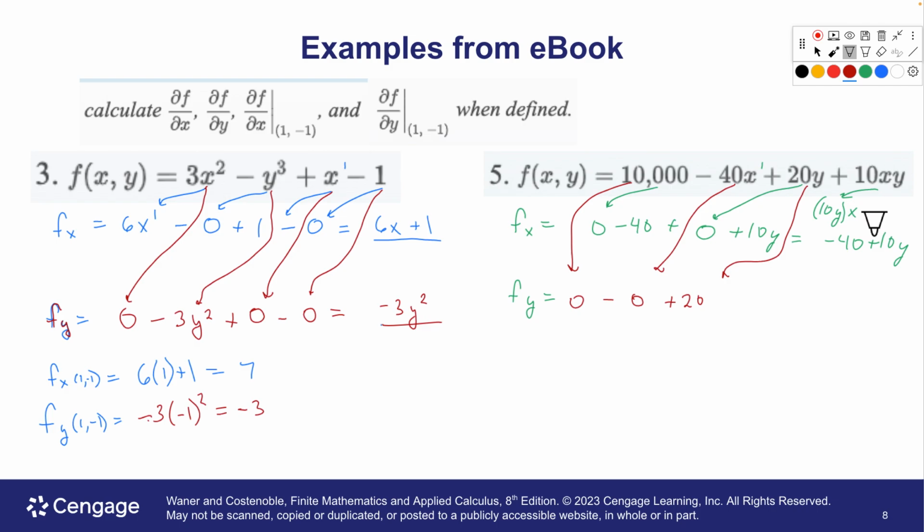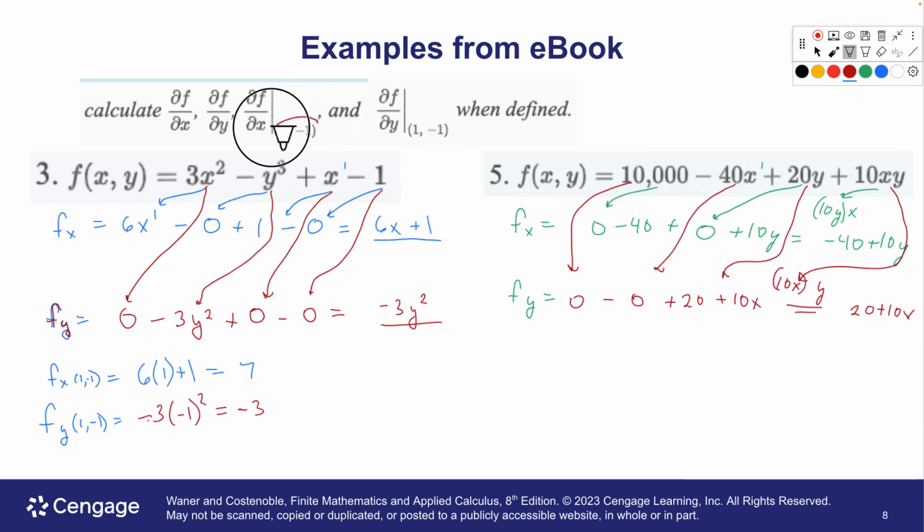And this last part, again, we'll think of this as 10x, y, derivative of y, the 1 comes down, you'll get 10x, y to the 0, which is 1. And so the derivative with respect to y is 20 plus 10x.